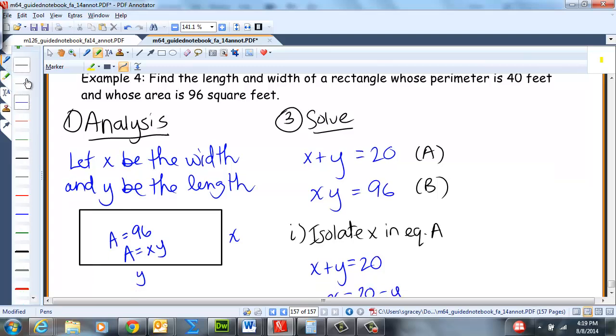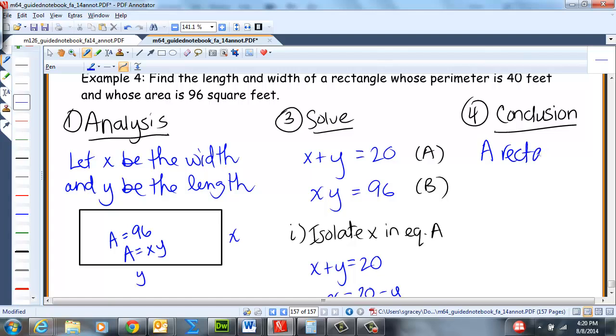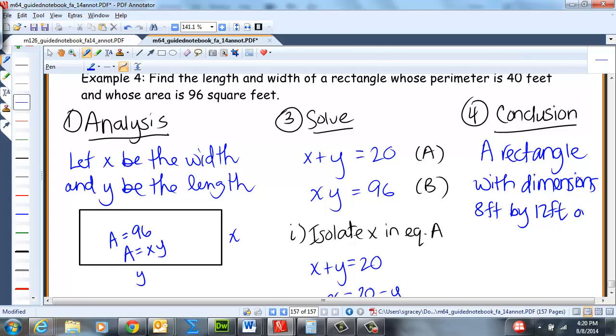So you could have, if we put for our conclusion, a rectangle with dimensions 8 feet by 12 feet, or 12 feet by 8 feet will work.